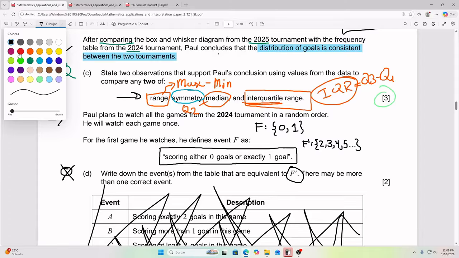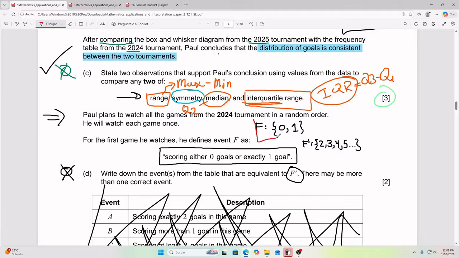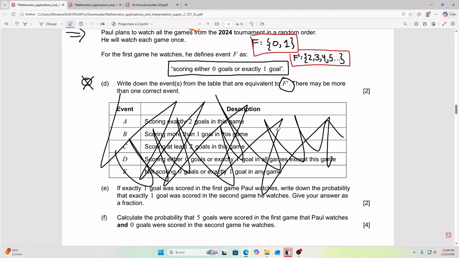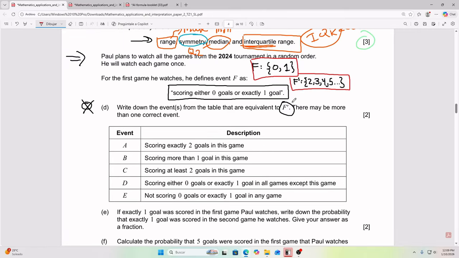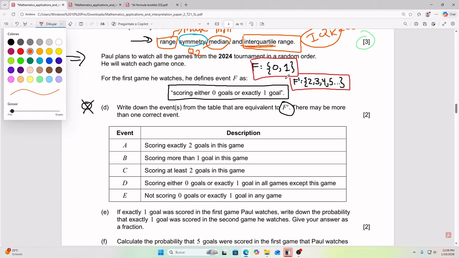And so once we establish it like this, part D becomes a lot more friendly. And so F is either 0 or 1, and the complement of F is 2 or more. So watch out, 2 or more. And so coming back down here, they're telling us that we need to write down which events from this table are equivalent to F complement, so this guy here in orange.